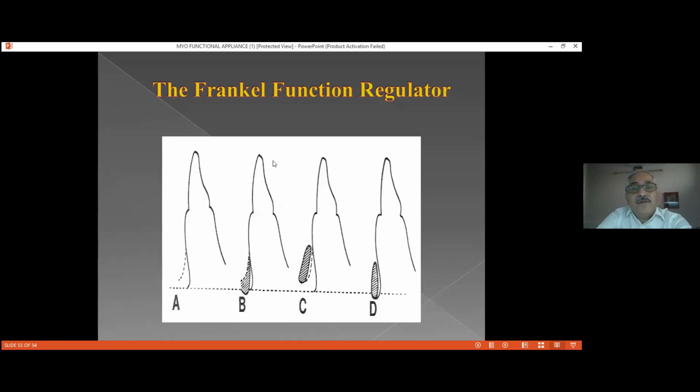Now, how does the functional regulator bring about the changes? By the periosteal pull. This is basically a diagram. You must be visualizing that this is the depth of the vestibule. This solid line is the bony segment, whereas this vestibular area is being deepened in the models, and the appliance or lip pad has been designed till the depth.